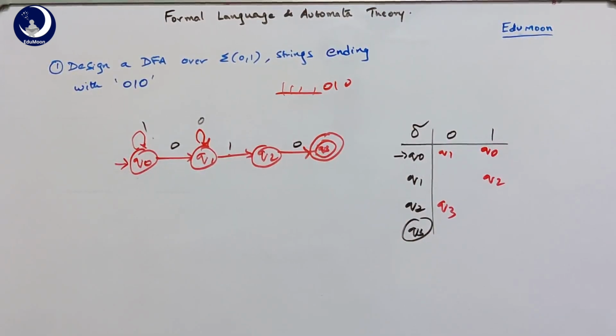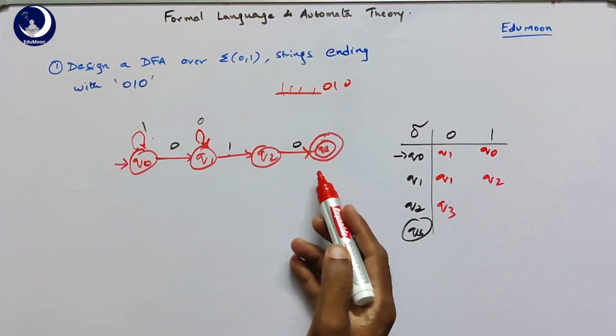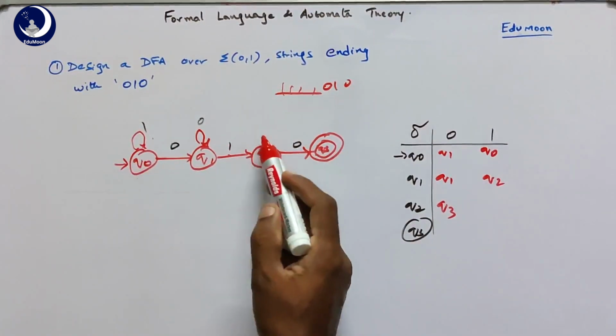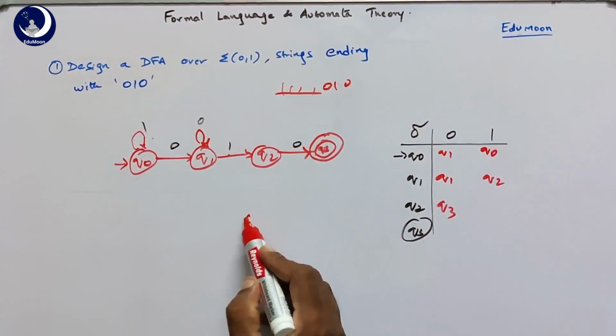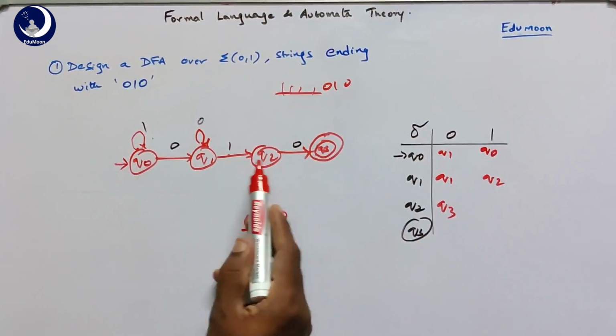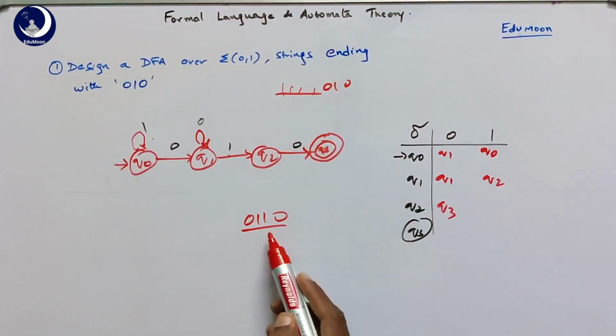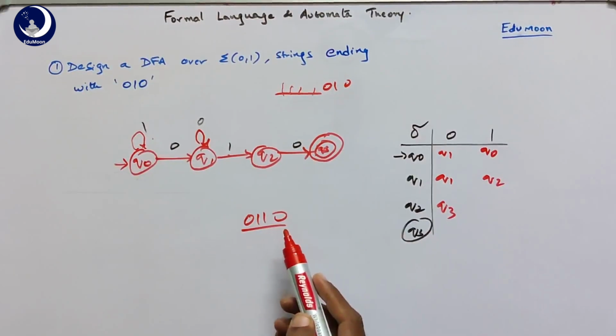Now in q2 the transition you are missing is with 1, q2 on 1. q2 on 1 cannot go to q3, the final state, as you know it is not going to end with 0 1 0, and even you cannot stay in the q2 state, because then 0 1 1 0 would be accepted. If we have a loop here, this string will be accepted, which is not the language we want.